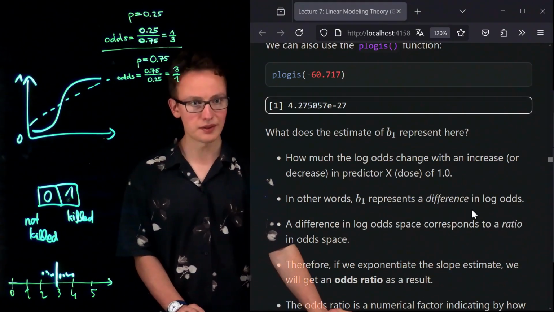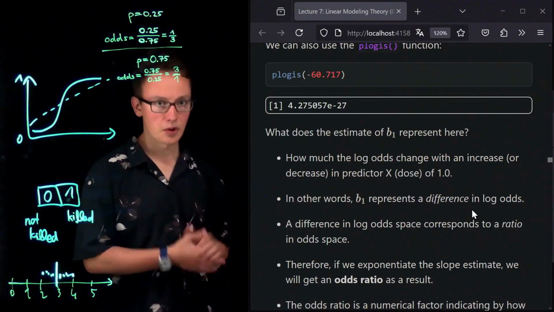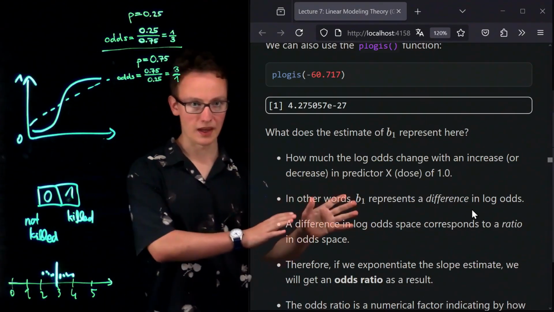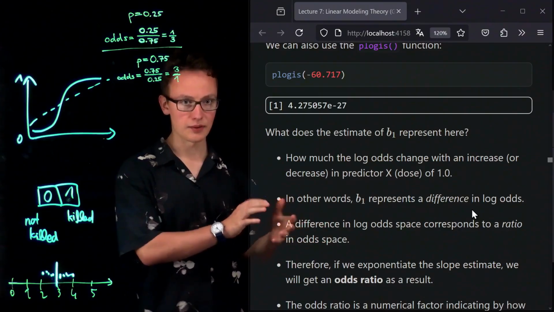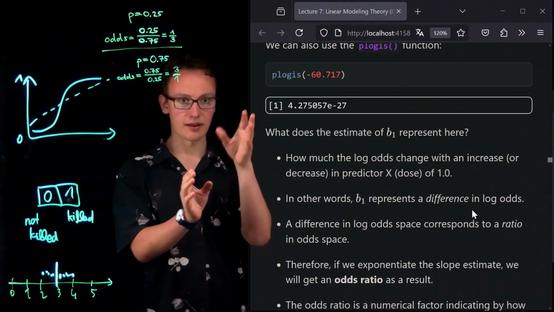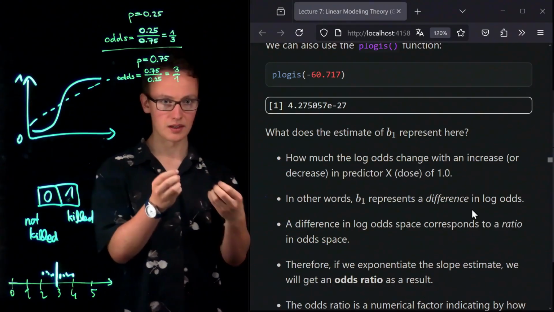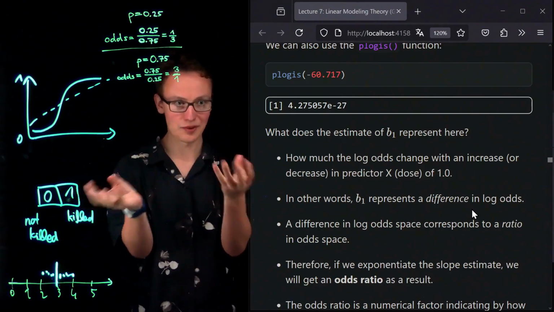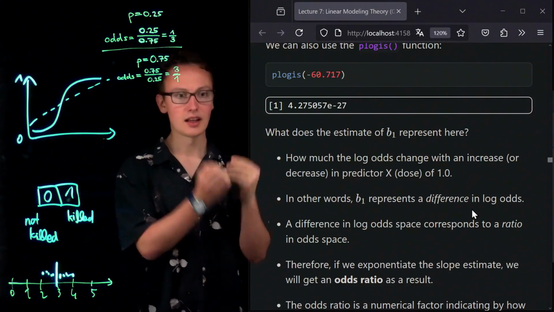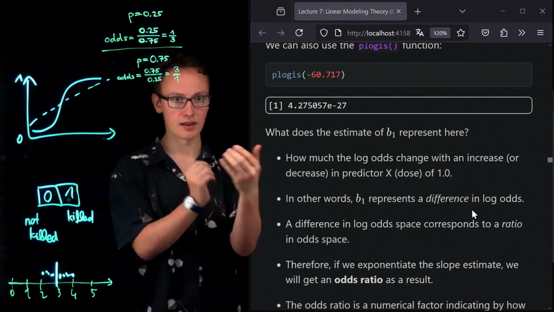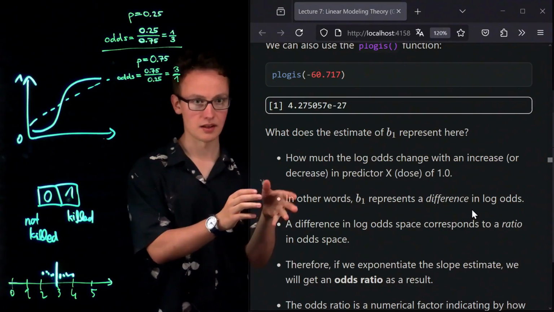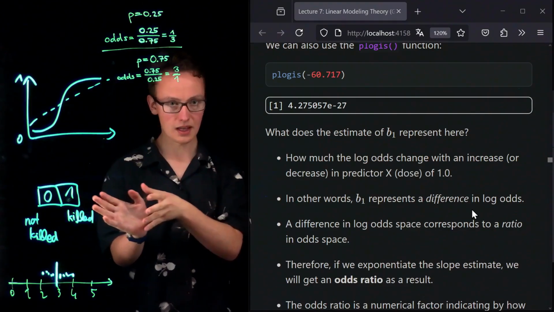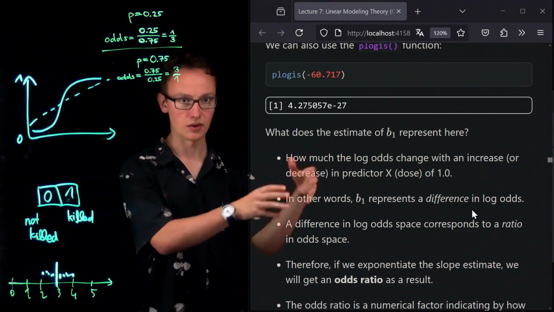Now, this being a difference in log odds corresponds in the odds space to a ratio, right? If you have some ratio and you take the logarithm of that, then this will be a difference in logarithmic space. But if you exponentiate again, that difference becomes a ratio again, right? And so that's also the relationship between the log odds and the odds scales. So differences in the log odds scale correspond to ratios in the odds scale.